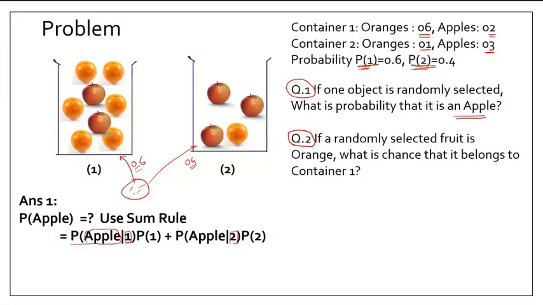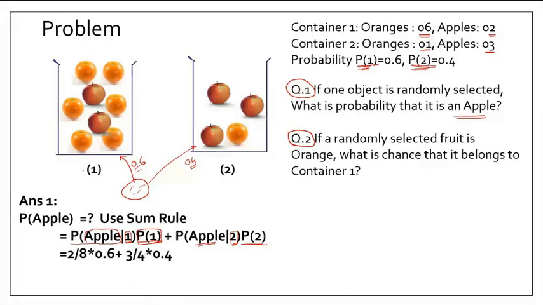So see what is done: probability of apple given container 1 times probability of container 1. So choosing or selecting container 1, what is the probability of that? That is getting multiplied. Now the same is the case with the second container: probability that I will get an apple if I select container 2, multiplied by the selection of that container.